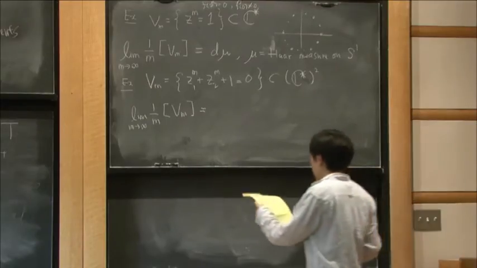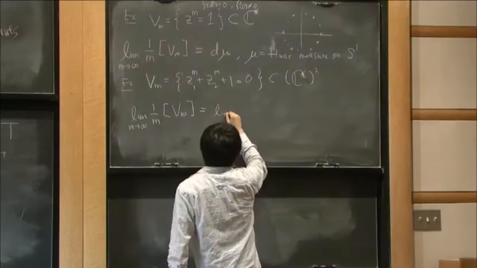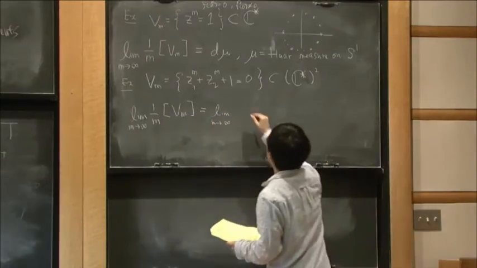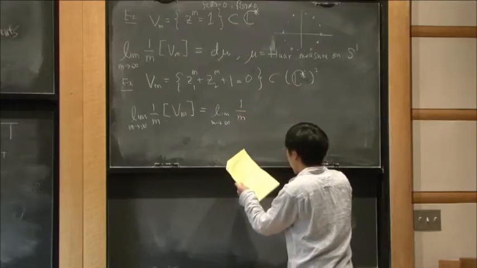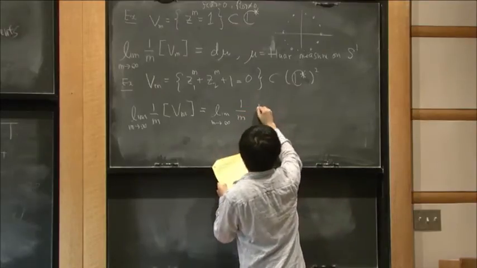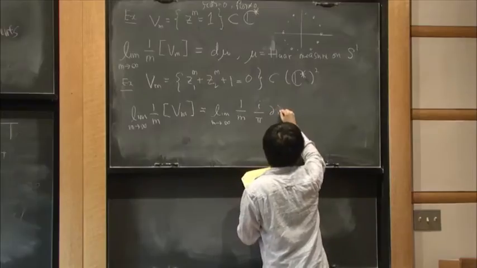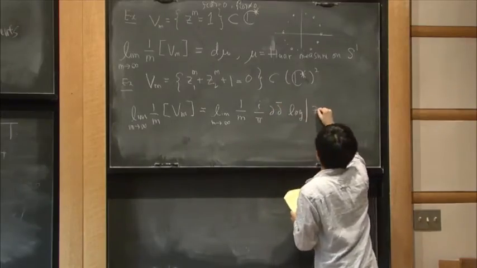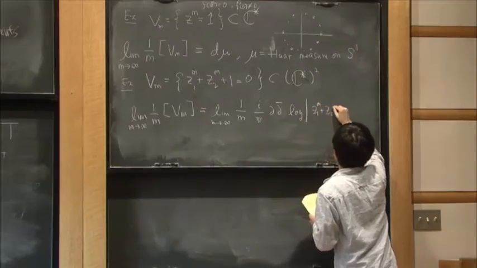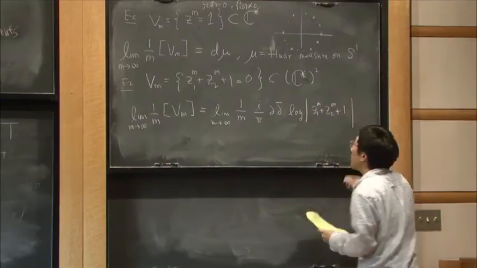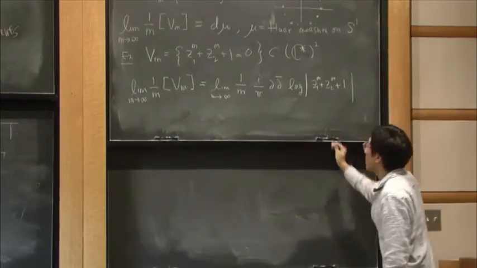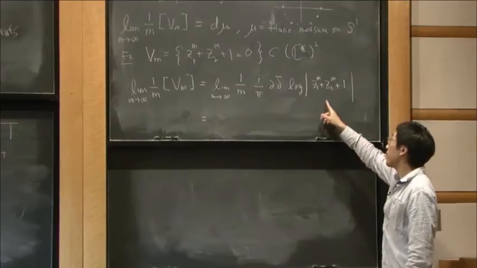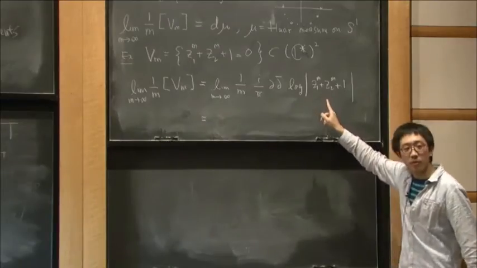So we can cheat using that fact and write this as a limit as m goes to infinity of 1 over m of i over pi partial bar partial of log of the absolute value of z1 to the m plus z2 to the m plus 1. So I'm using a potential, but the point is, heuristically, it's easy to understand what the limit of the potential would be.